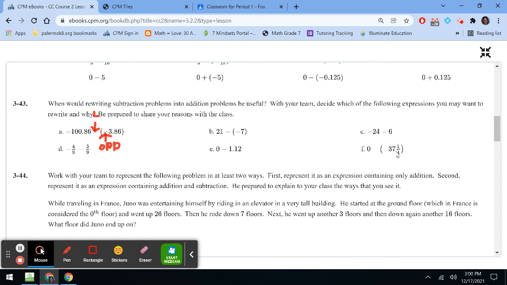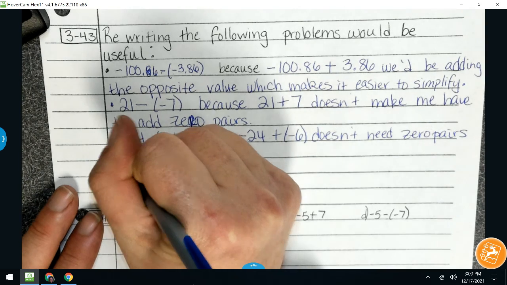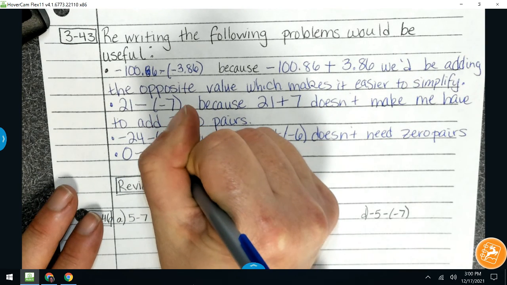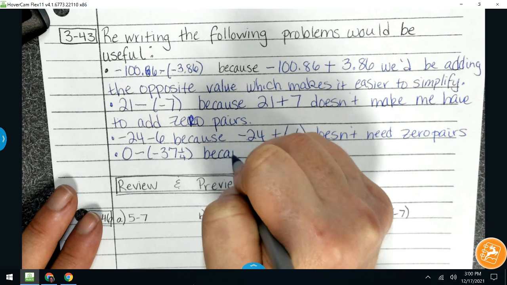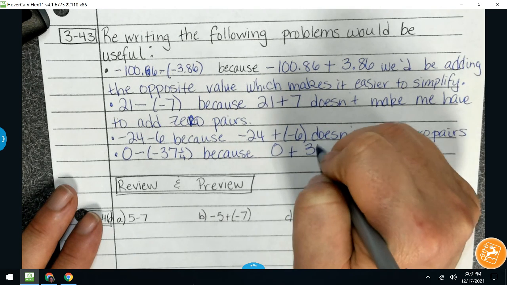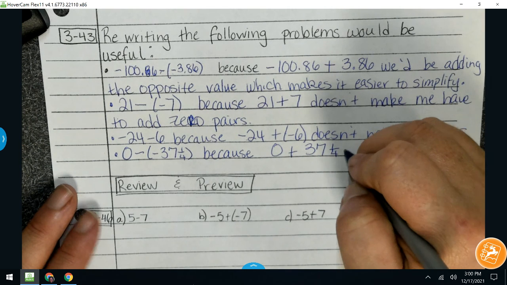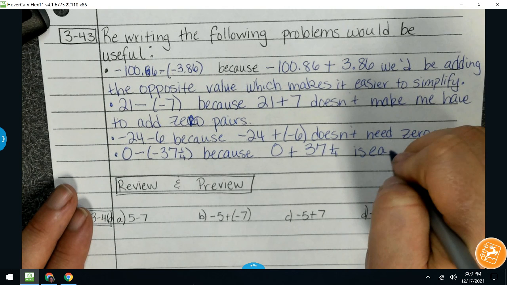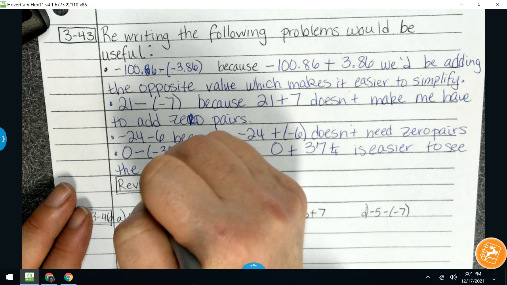On this one here, I would change it to an addition problem, because 0 plus 37 and 1/4 is easier to see the value right away.